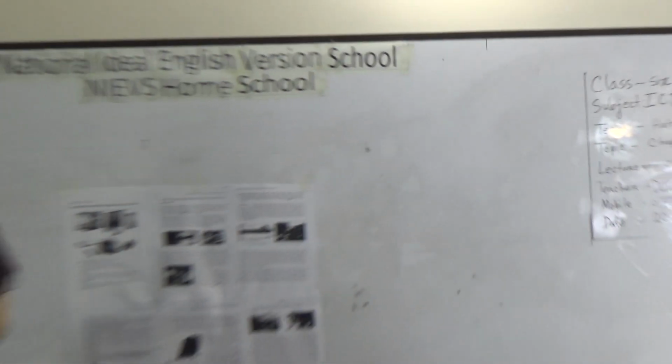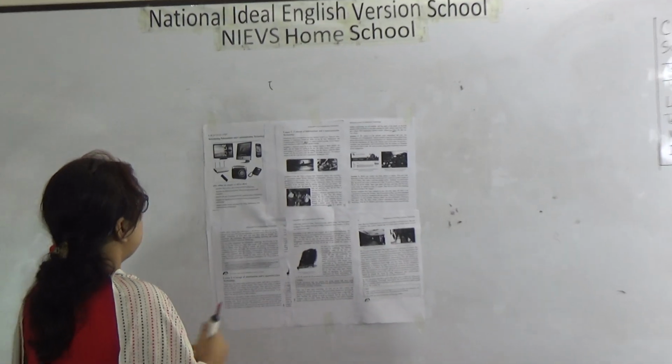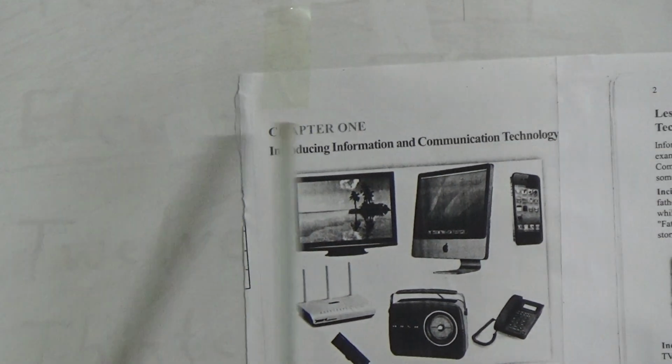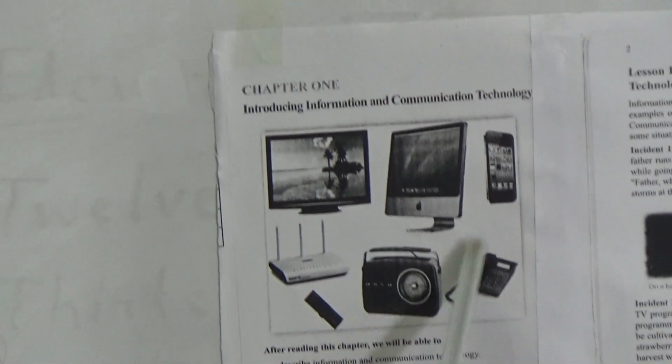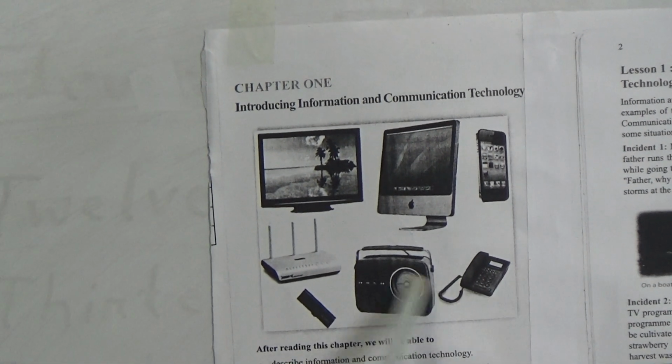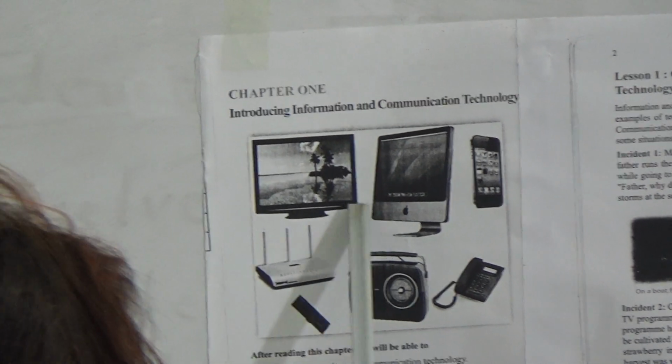Dear students, ICT is a subject that is totally new for you, and our chapter 1 is Introducing Information and Communication Technology. Look at this picture. Here are different types of instruments, and all are included in ICT.